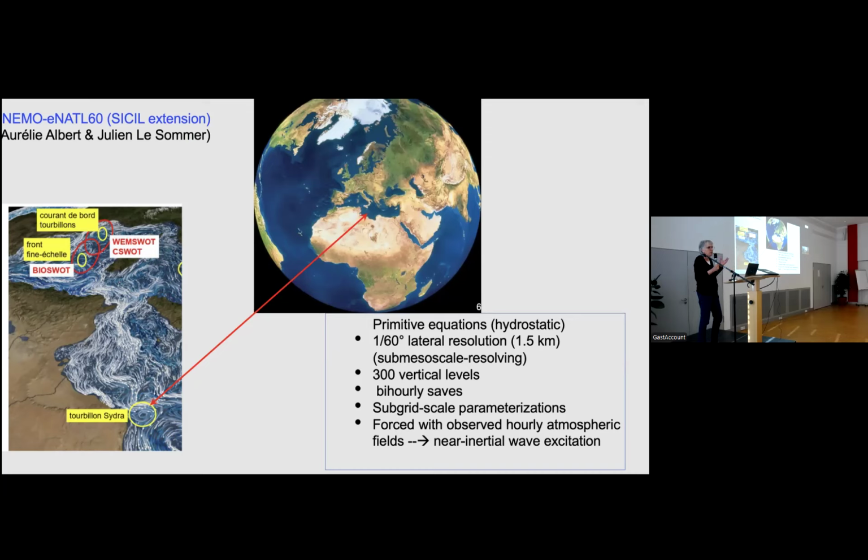So, for example, geostrophic eddies can have radii of 20 kilometers instead of 200 kilometers. So it's quite nice. So we've done a number of studies in the Mediterranean using NEMO as our top nest.